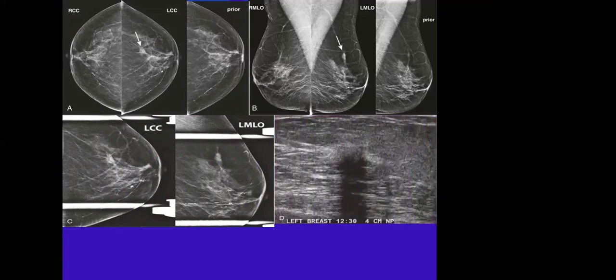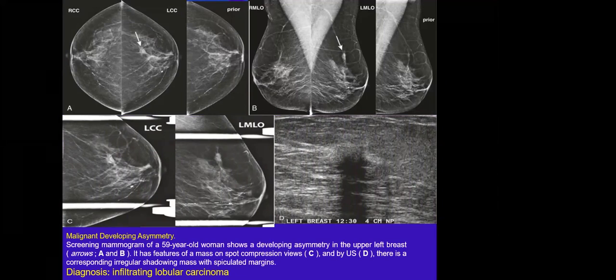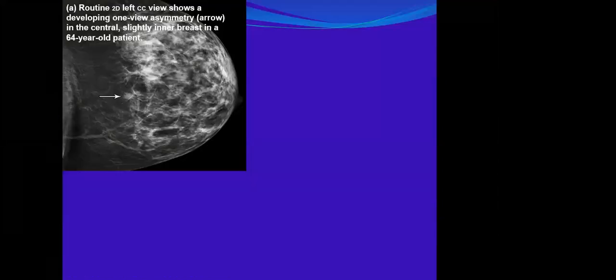Spot compression to confirm the developing asymmetry. So next, ultrasound. Ultrasound demonstrates a spiculated mass. Okay, so next, biopsy, and it revealed infiltrating lobular carcinoma.